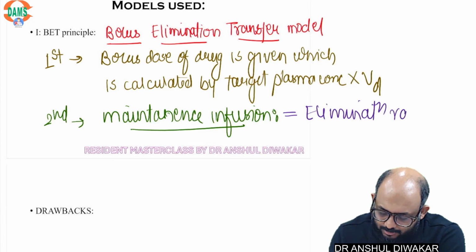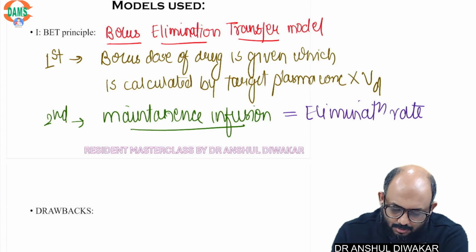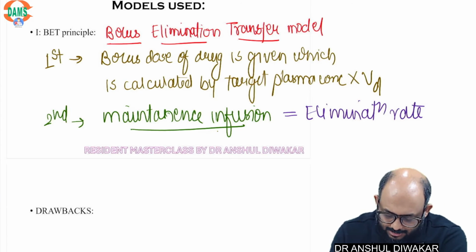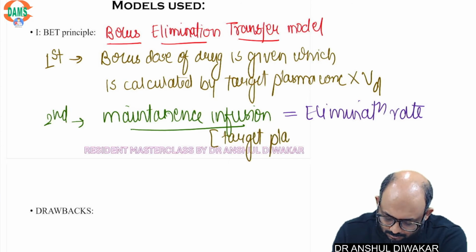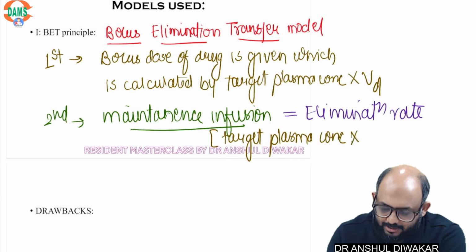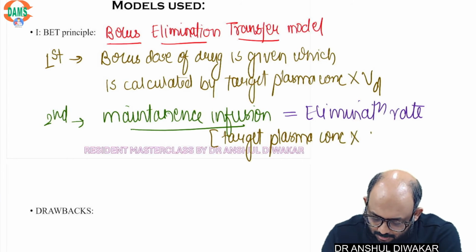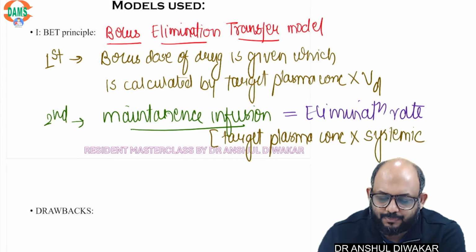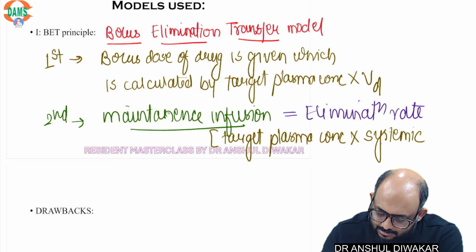How do you calculate the elimination rate? Elimination rate is target plasma concentration multiplied by systemic clearance.